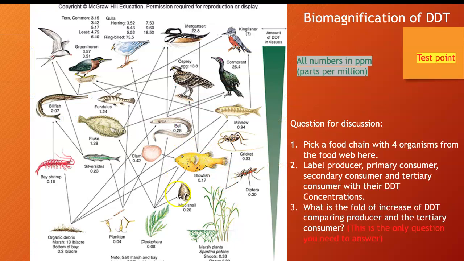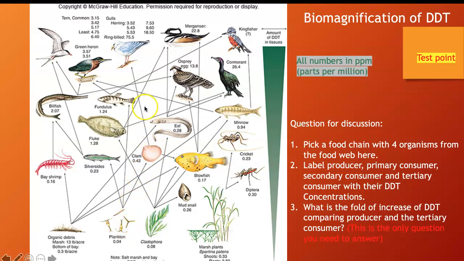For example, this is the DDT concentration in ppm. If we look at the phytoplankton here, 0.04. So this is the producer and this is the primary consumer, clam. When we measure the concentration, it's 0.42. It's about a 10-fold increase, right? Just comparing the closest trophic levels.